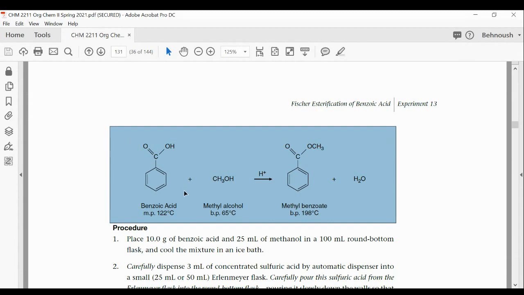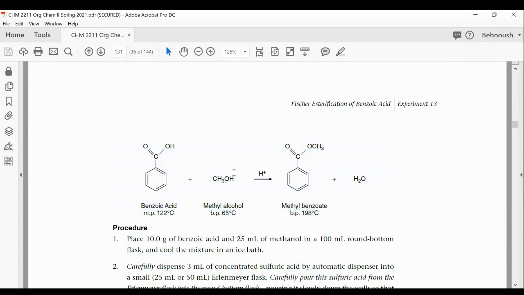For benzoic acid, you can search for the IR spectrum, so you can compare apples to apples and see how the IR changes going from benzoic acid to methyl benzoate.